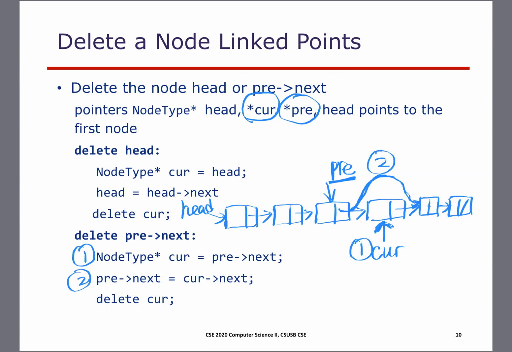Step three, we delete current, which means release the memory space allocated to this node. So if we want to delete a node, we need to know the address of the previous node. In this example, the previous pointer points to the previous node. Okay, this is how we delete a node from a linked structure.